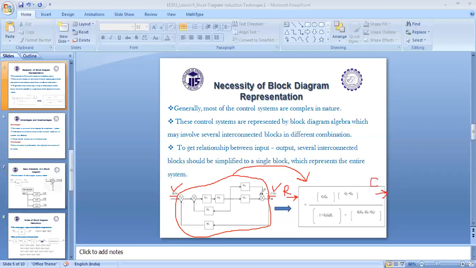If one wants to get direct relationship between input and output, he or she must be able to convert these several interconnected blocks into a single block in order to analyze the complete control system. That is why it is necessary to represent number of blocks into a single block.